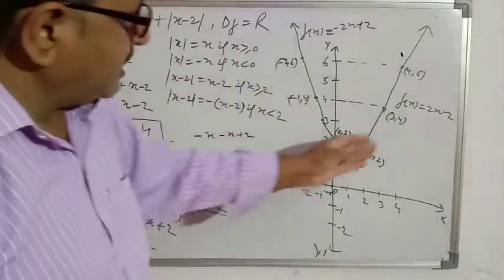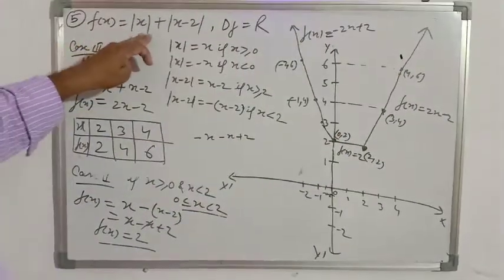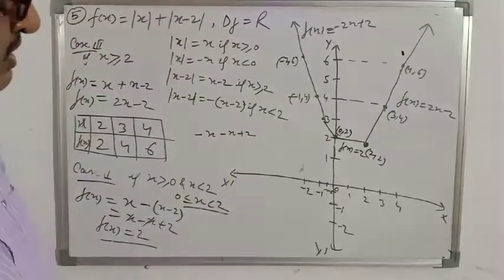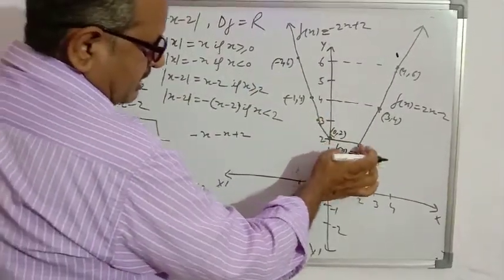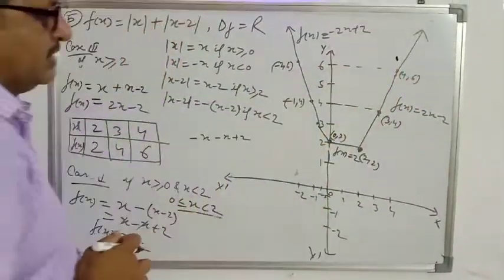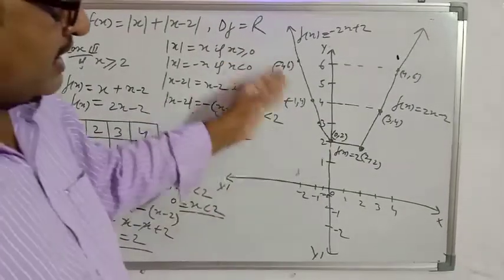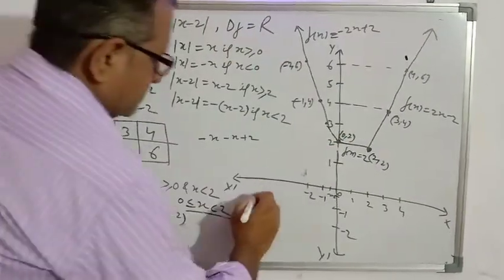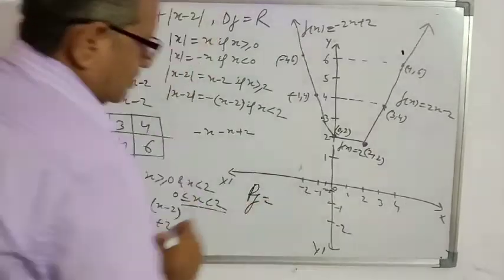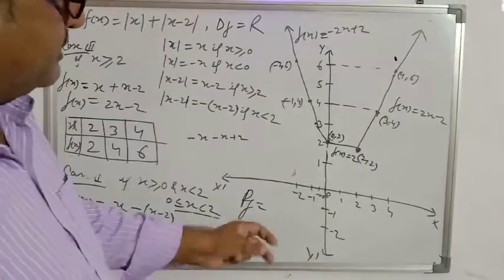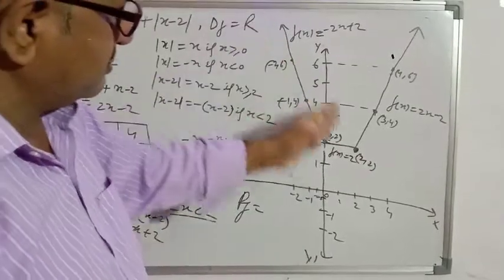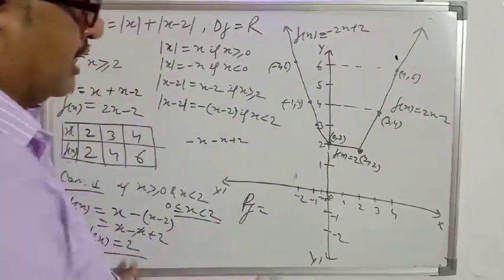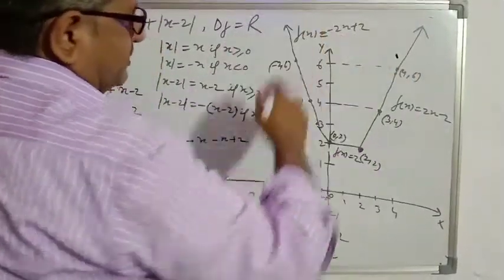So this is the complete graph of the function f(x) equal to mod x plus mod of x minus 2. This is the graph of the first case, this is the graph of the second case, this is the graph of the third case. So what is the range of the whole function? We see that the value of f(x) always increases up to infinity.